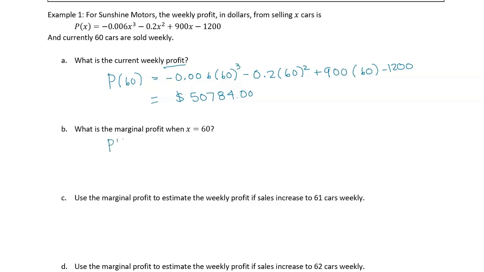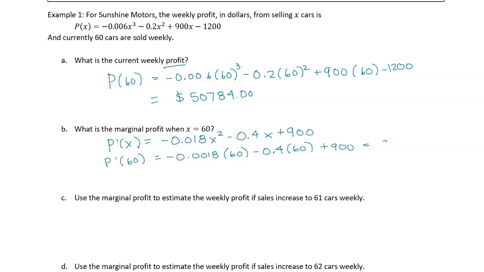So P prime of x is going to equal negative 0.018x squared minus 0.4x plus 900. Then I'm just going to plug in 60 into this equation, and this will equal $811.20. That is how the profit is changing when 60 cars are sold.